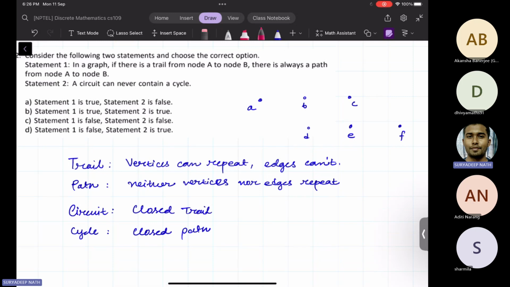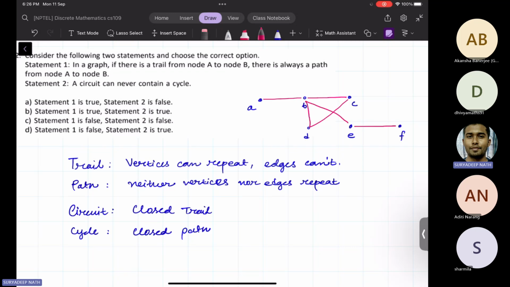So we create a trail from A to B: A, B, C, D to B, and E, and then to F. Now this is a trail.